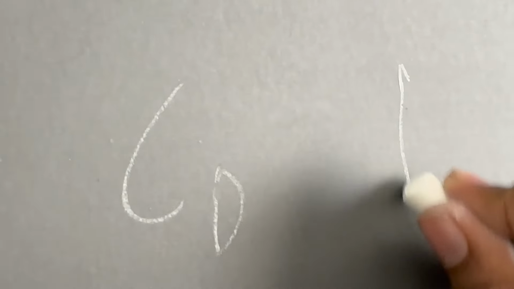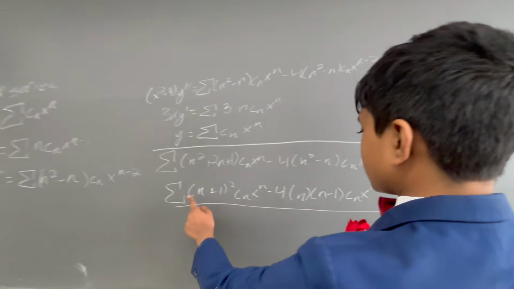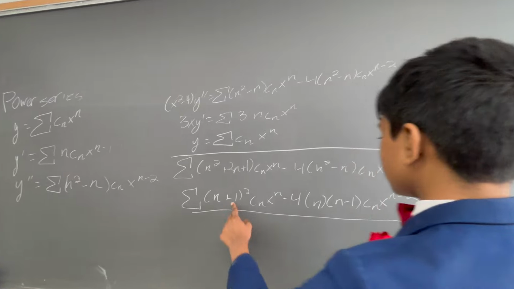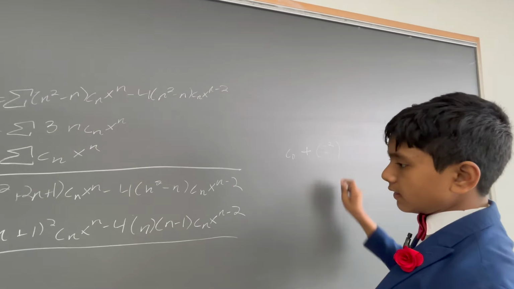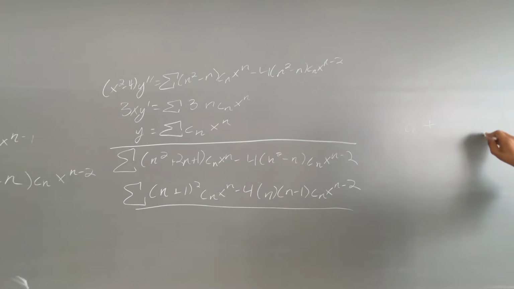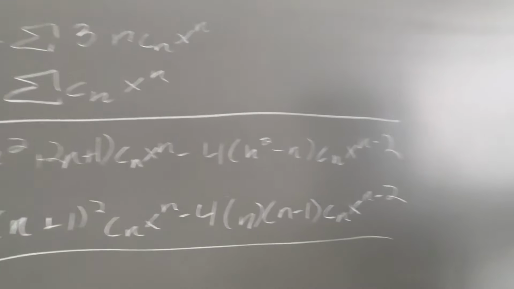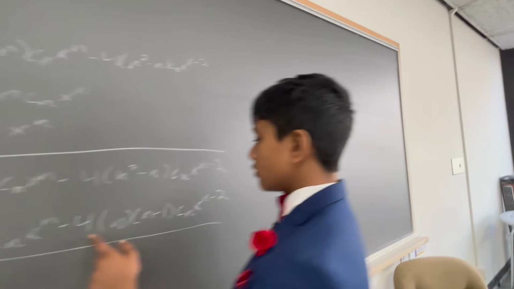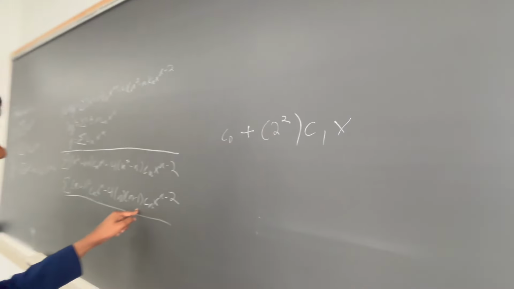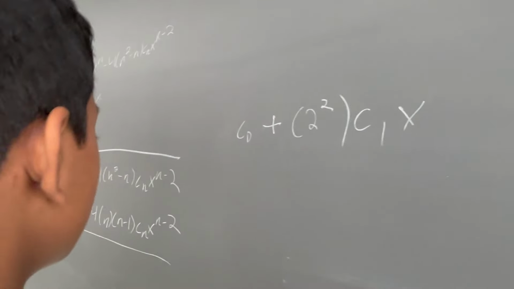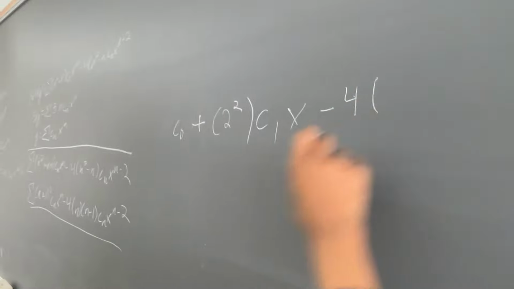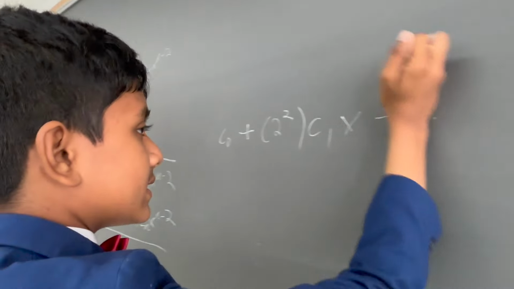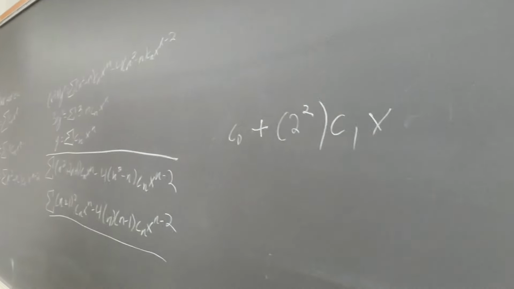Then you go to the next term, where n is equal to 1, so you get 1 plus 1 squared, or 2 squared, times c1 x, minus 4 times 1 times (n minus 1) c_n x^(n-2), which means this thing actually gets completely zeroed as well.